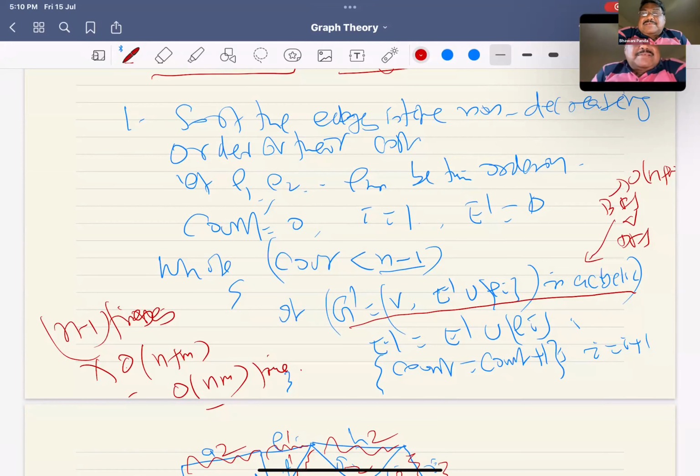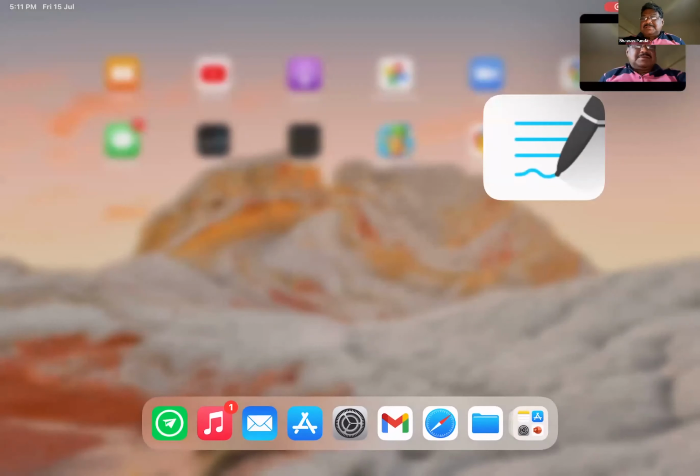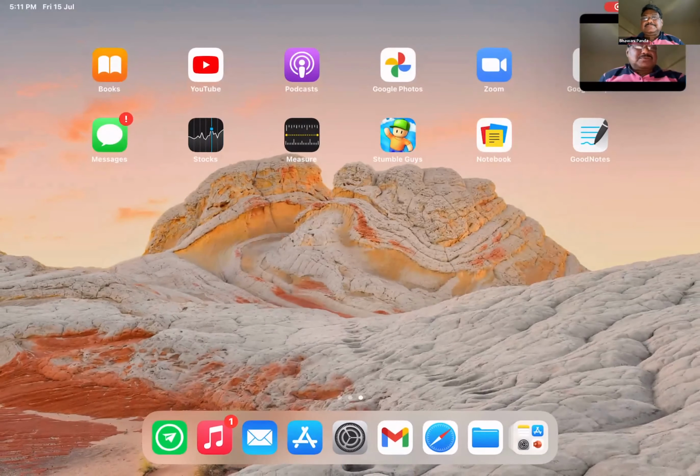So we'll see that particular method, and that method will guarantee an optimal or minimum cost spanning tree, and Prim's algorithm and Kruskal's algorithm will be special cases of that particular algorithm, right? So let me switch to my slides.